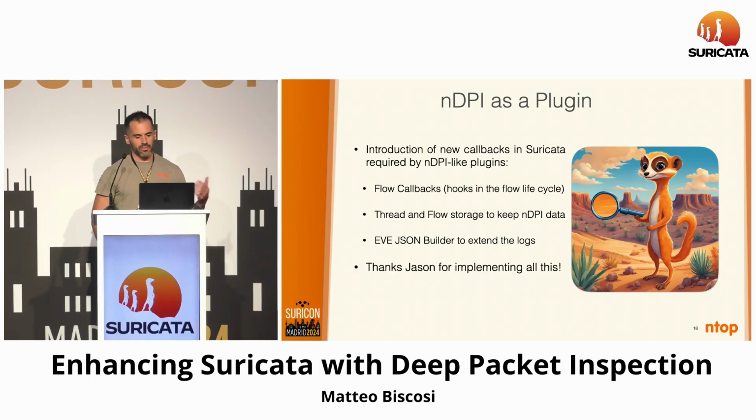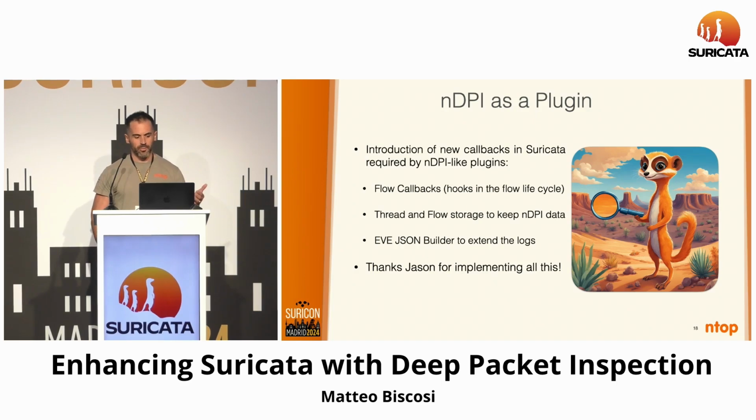For this reason, we required a few callbacks in the flow lifecycle, also references in the thread or in the flow objects to keep nDPI data structures, because we have a global handle, global per thread, to keep all the nDPI stuff, and then we need a data structure per flow to keep the status of the dissection.